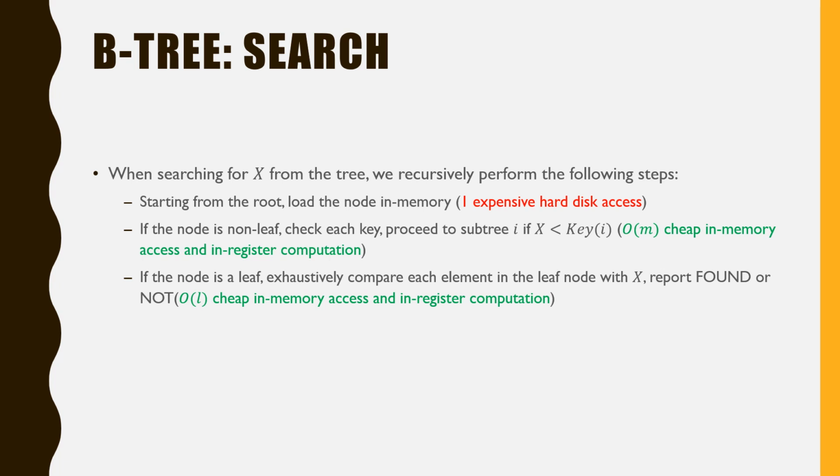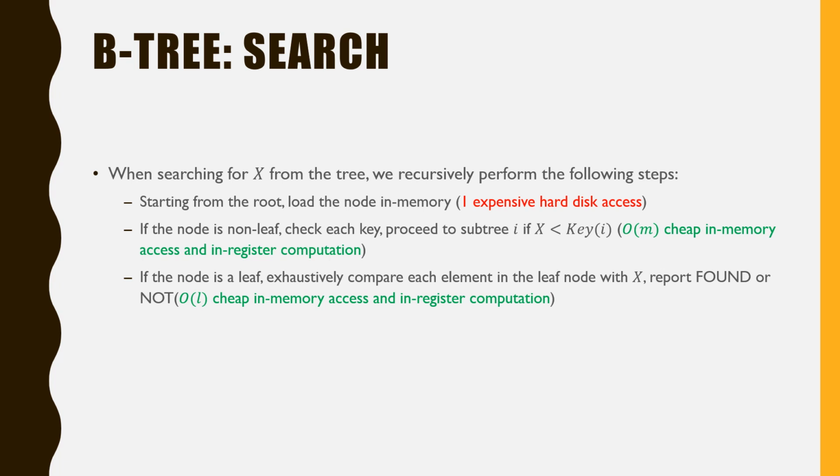If the current node is not a leaf, we examine its keys to determine which subtree to visit next. Specifically, we compare X with the keys in the node and identify the smallest index i such that the ith key is greater than X. We then proceed to visit the ith subtree. If X is greater than all the keys, we visit the last subtree.